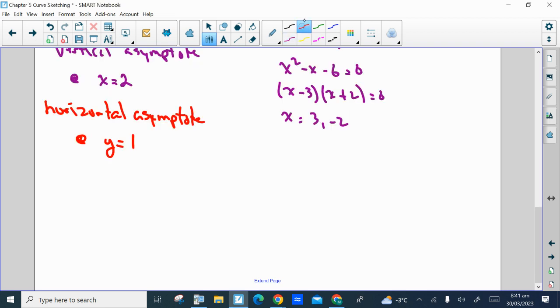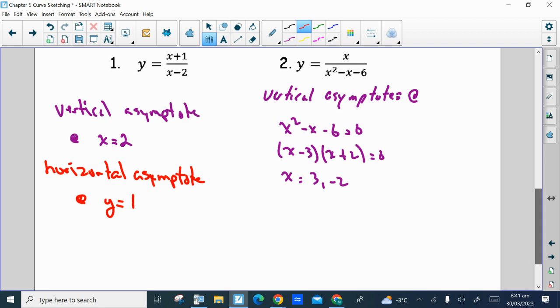Now, to find the horizontal asymptotes, in this case, the degree of the top and bottom are not the same. So we will use the same method that we did above. We'll use the property of limits. We'll divide each term by the highest power of x, which again is x squared.